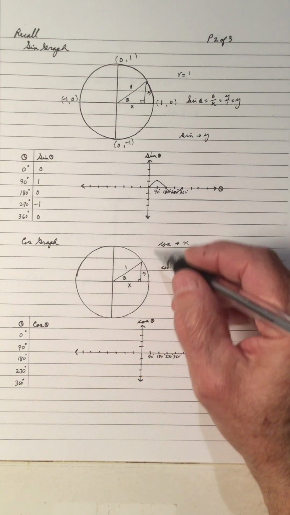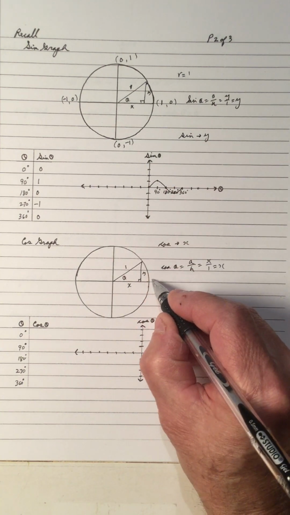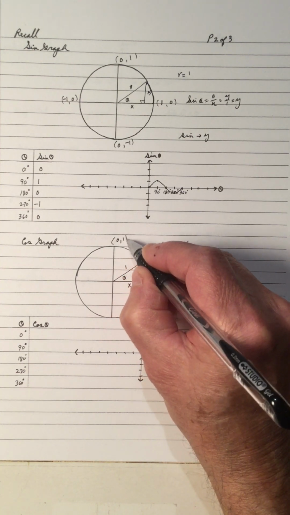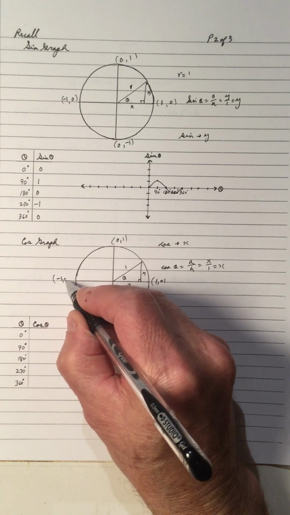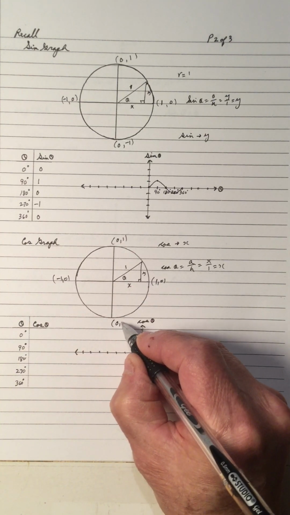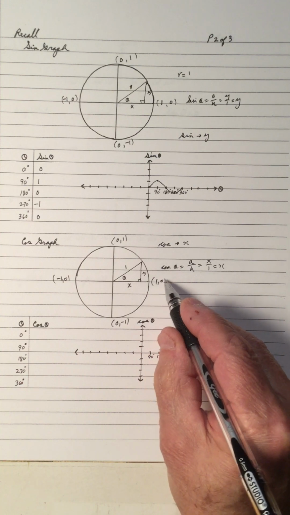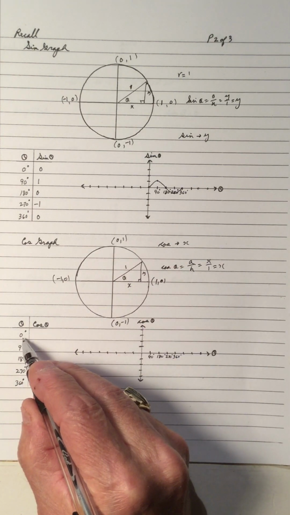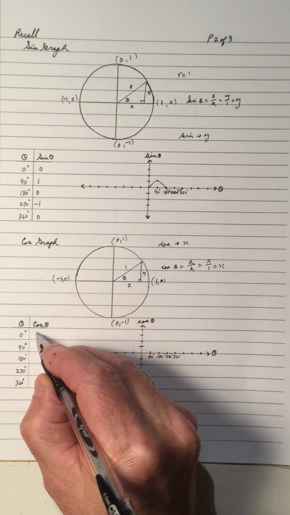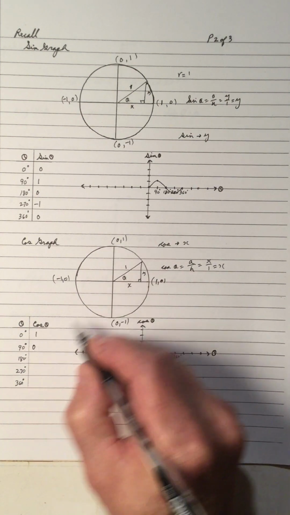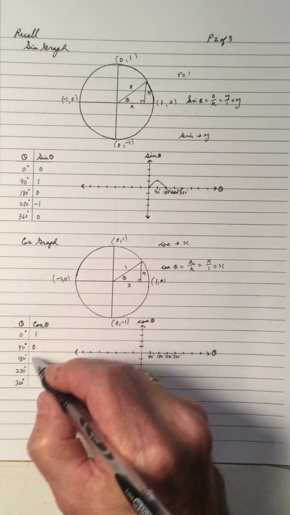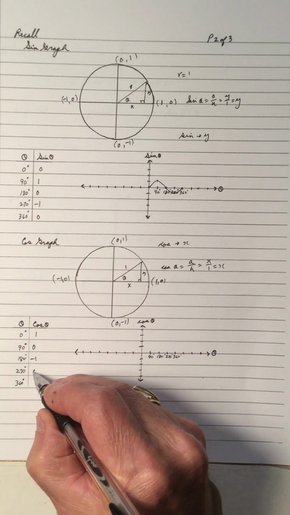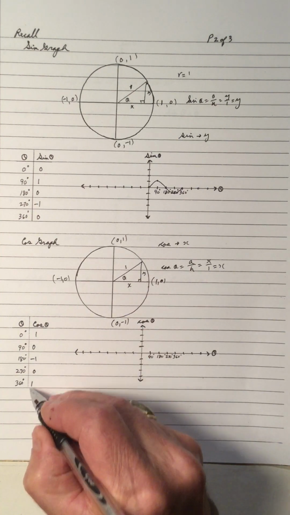And again, to rotate around the circle, we have 1, 0, 0, 1, negative 1, 0, and 0, negative 1. I keep drawing this circle all the time because I can go back to basics. So 0 for cos is 1, 90 is 0, 180 for cos, which is the x, is negative 1, 270, cos is the x, which is 0, and 360 back to 1.